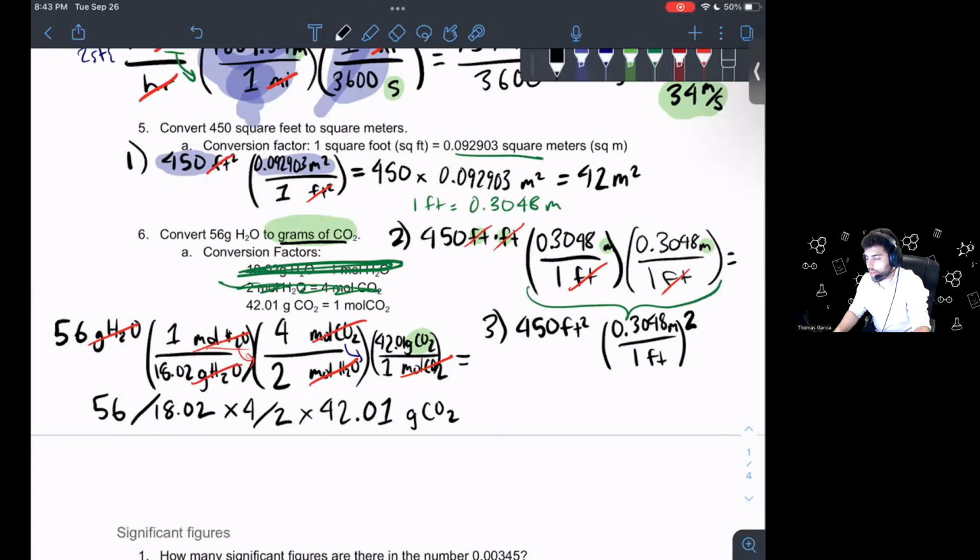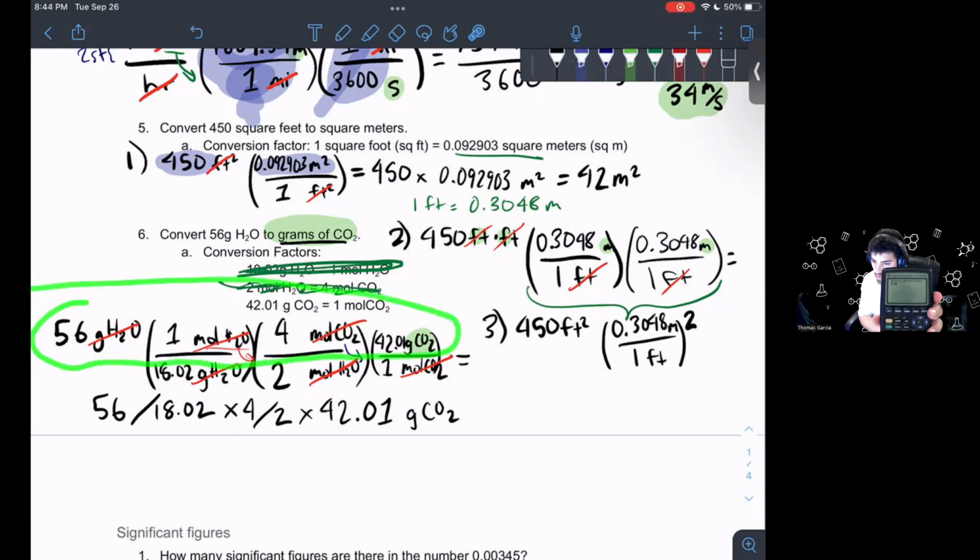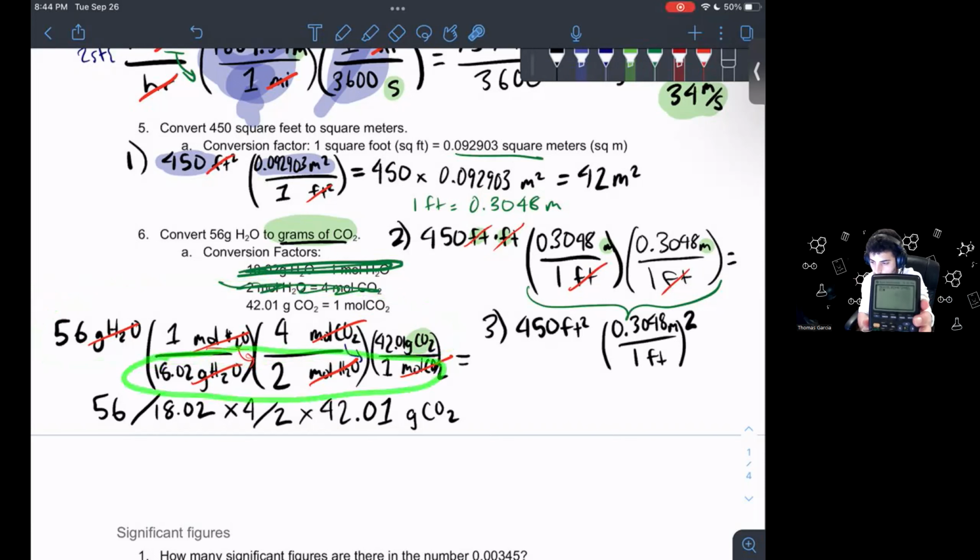And when I type that in my calculator, I want to show you, I'm actually just typing that line of inquiry into my calculator, 56 divided by 18.02 times 4 divided by 2 times 42.01. I'm not making any changes. I'm not doing any formatting. Whatever I see on the top of my equation, whatever is on the top is going to be a multiplication. Whatever's on the bottom is going to have a divide.